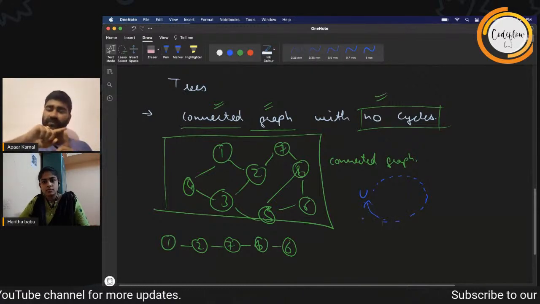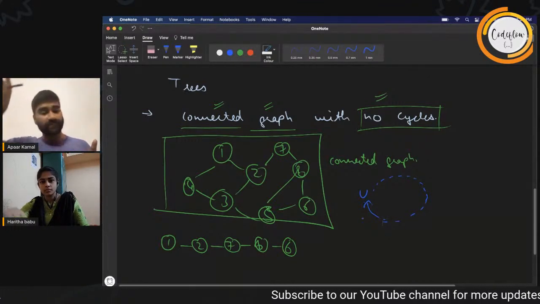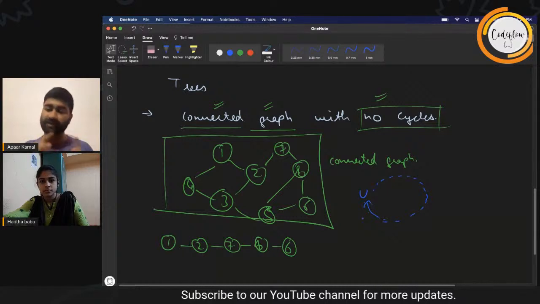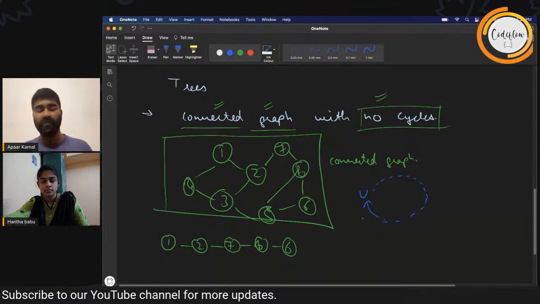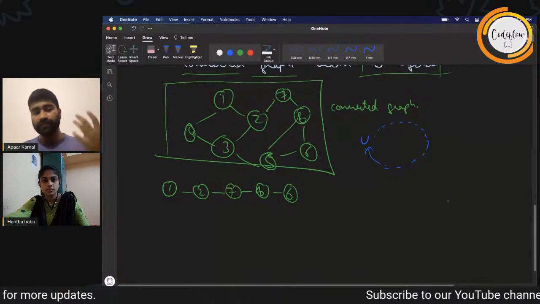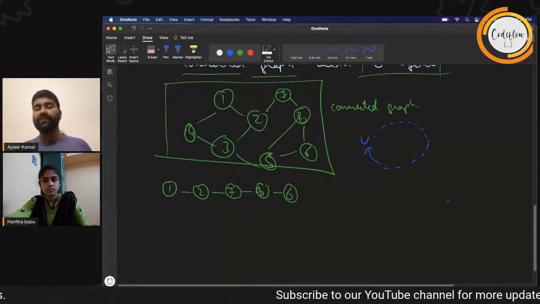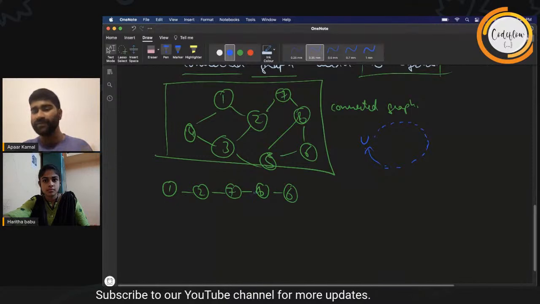That means I'm starting from some vertex, going to some other vertex, covering some set of edges and coming back to the source vertex again, right? That means I'm ending where I started by covering some vertices. In this case, we don't use any edge twice. All the edges in my cycle should be unique.